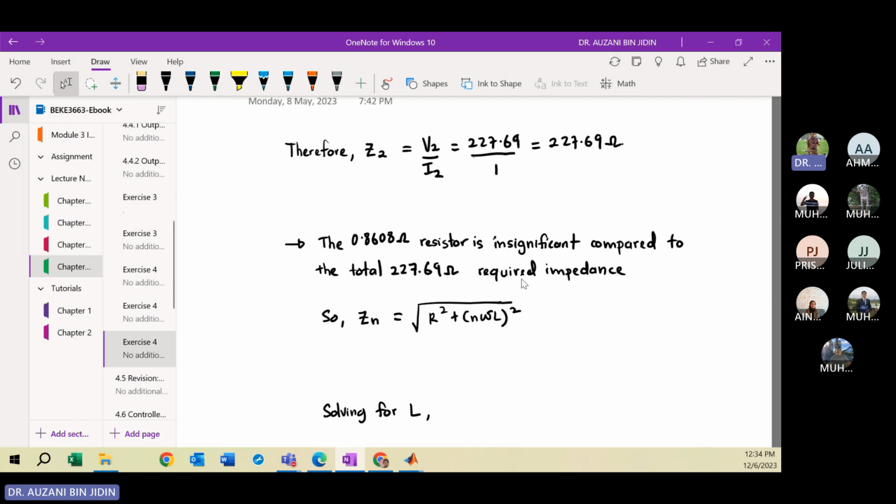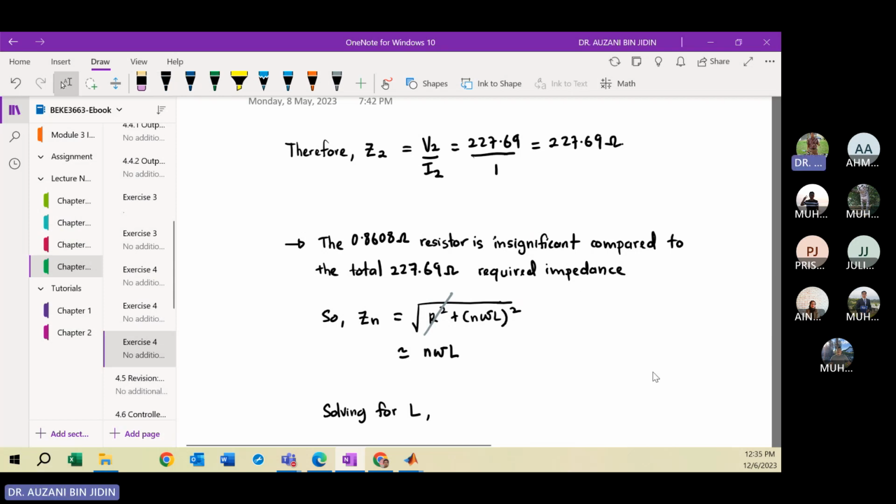Because we consider R too small, you can neglect the term of R. So your equation can now be reduced to what? It reduces to n omega L, because you neglect the effect of R. The R value is too small compared to the total impedance, 227.